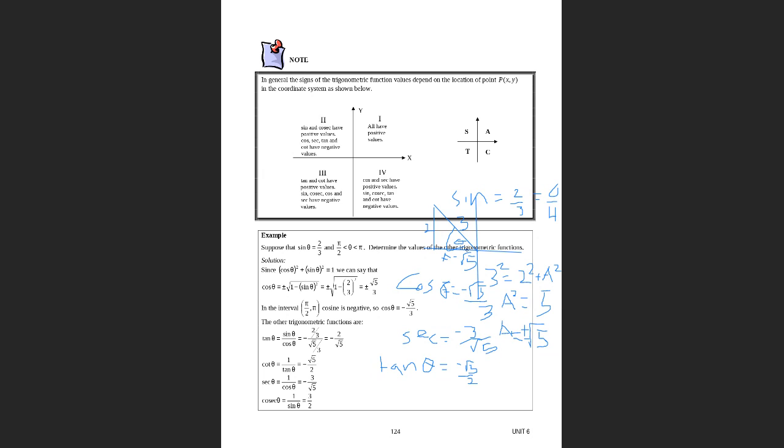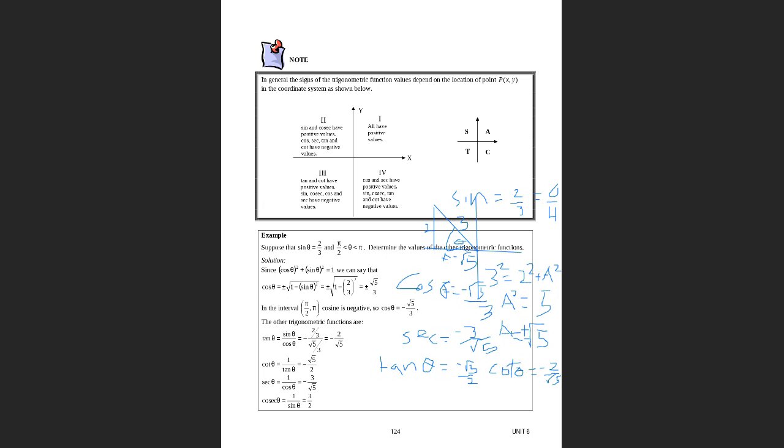Then cot theta will be negative 2 over root 5.